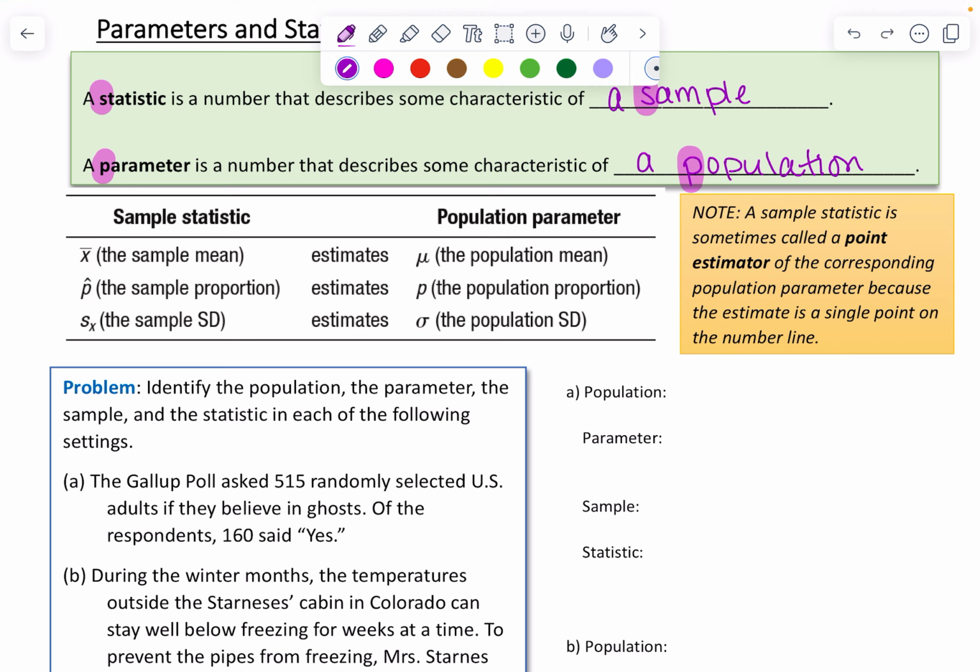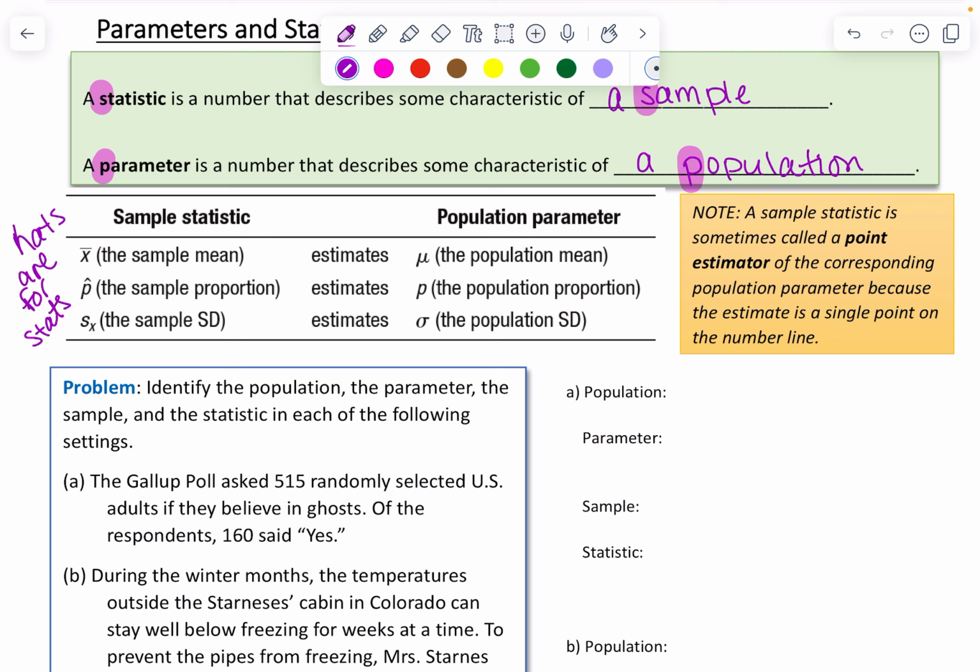Now obviously not all of them, like standard deviation, this S does not have a hat, but the other option is a Greek letter. So the Greek letter is going to be the parameter for the population, and S is going to be the sample statistic. Obviously P is not Greek, but the other option, P hat, has a hat. And hats are for stats. So we can also look at it that way. Hats are for stats.